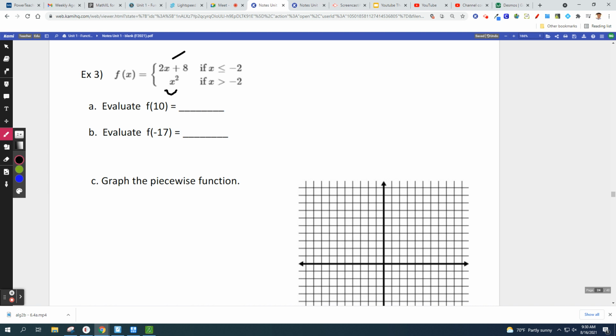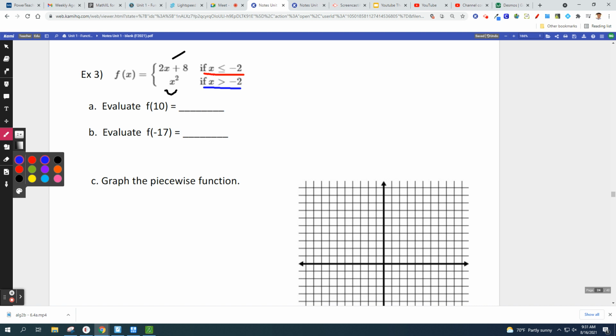So, I can do part A, evaluate f of 10, as long as I know which piece to look at. So notice, either I'm talking about numbers that are less than or equal to -2, or I'm talking about numbers that are greater than -2. So what color is 10?